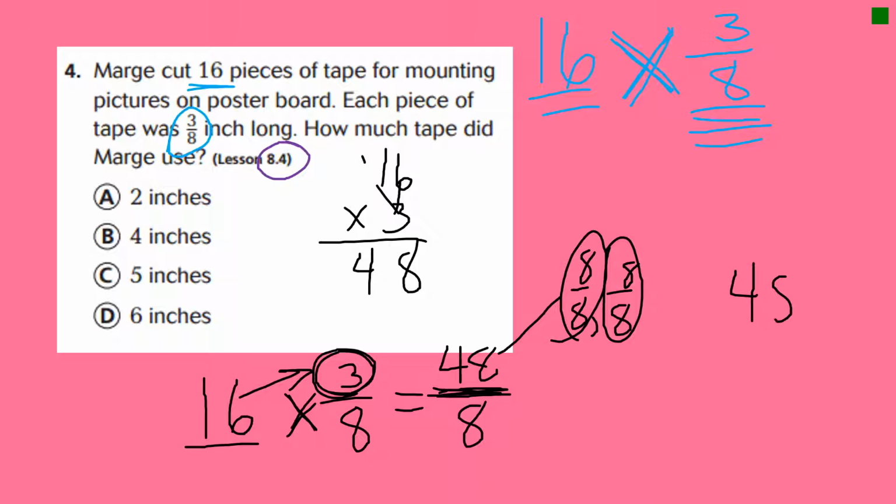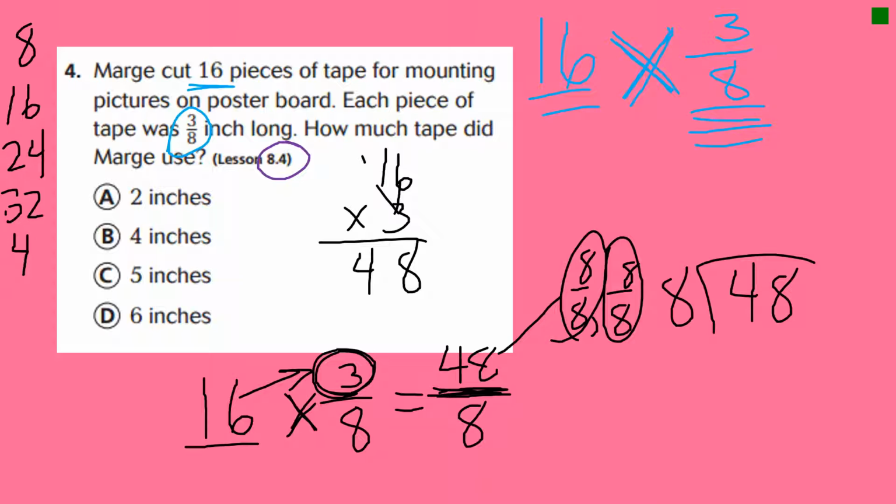I bet you already figured it out, didn't you? Right? How many sets of 8 are in 48? You know that, don't you? Right? You could write your 8s down too if you wanted to. 8, 16, 24. What comes next? 32, right? 40.